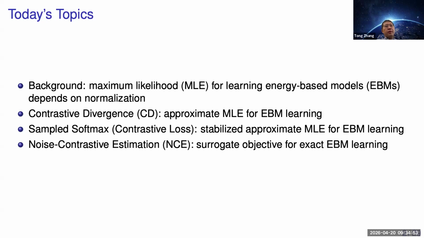If you recall, Langevin uses the gradient of the energy for sampling. The gradient of the energy is called the score, and this can be learned directly. We will talk about that next time, and after that the diffusion model, which is also related to the score.